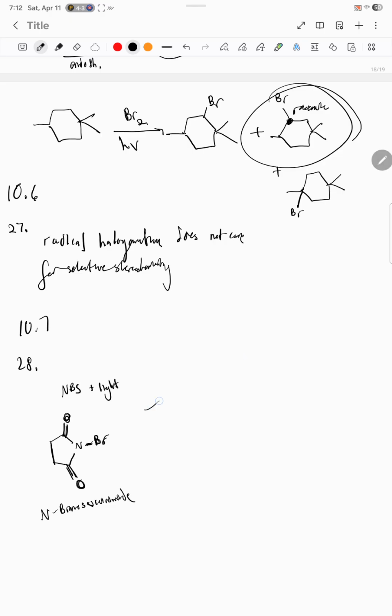Now, if we react this compound with NBS and light, what will happen? We know we could get bromination at the allylic position next to a double bond, so we could get this formation. This is the intermediate, so the radical can end up there. We'll get to the mechanism later, but why is that?